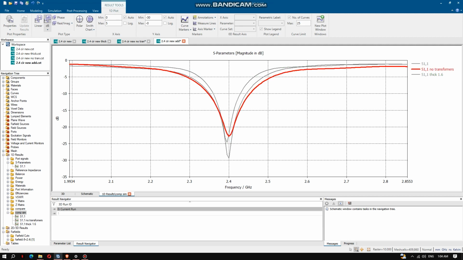In the second scenario, with a 3.2 mm substrate thickness of the dielectric layer, but without a transformer at the feed line, the return loss is slightly higher at -22.7 dB. But the bandwidth is a little bit narrow. You can see in this graph.